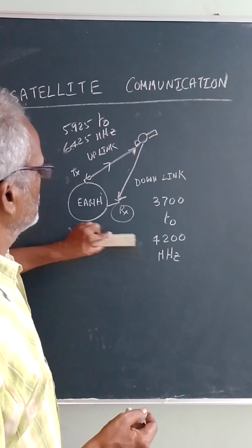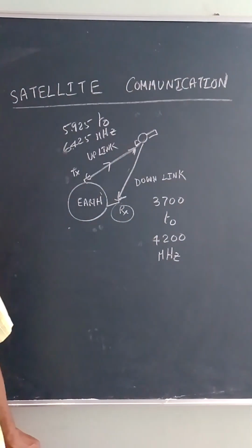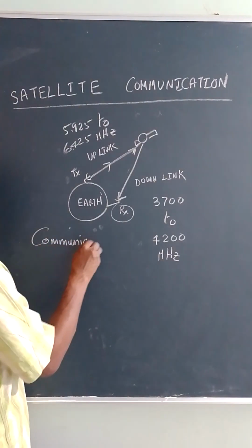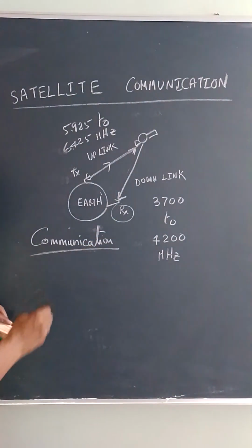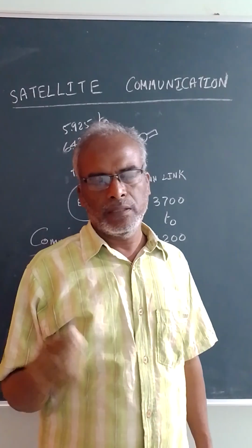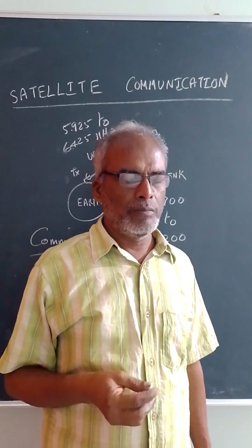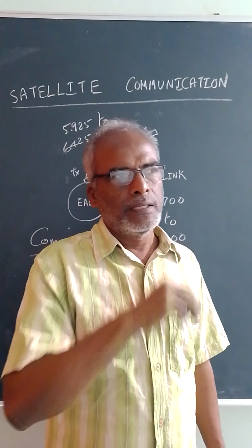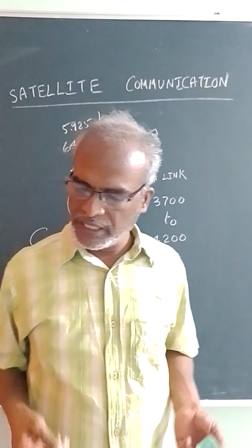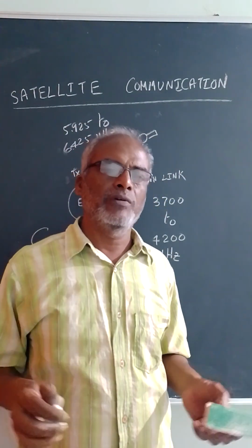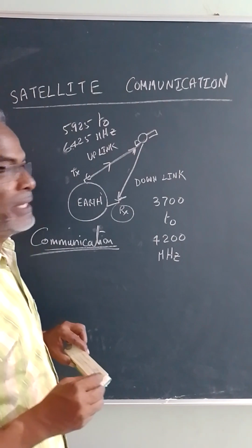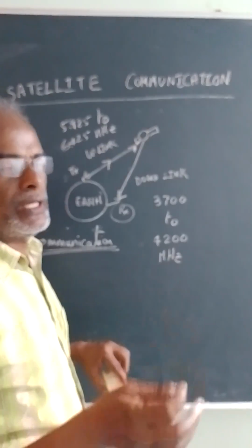Next we have communication satellites. With communication satellites, you can transmit from one end to the other end, like television signals, biomedical signals, radio, internet, television, all kinds of communication signals can be transmitted to the satellite and sent back to the other region.